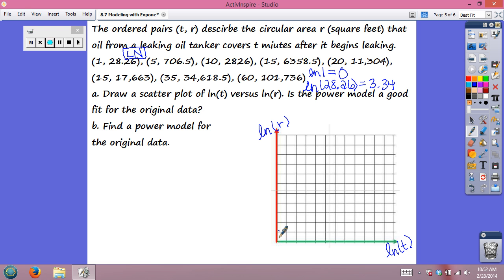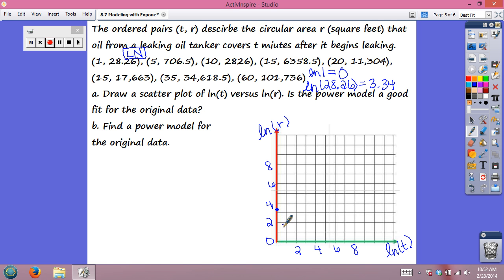If we want to label, we have 0, 2, 4, 6, and 8. Okay, so plotting our first point, again we have 0 and 3.34, to about there.